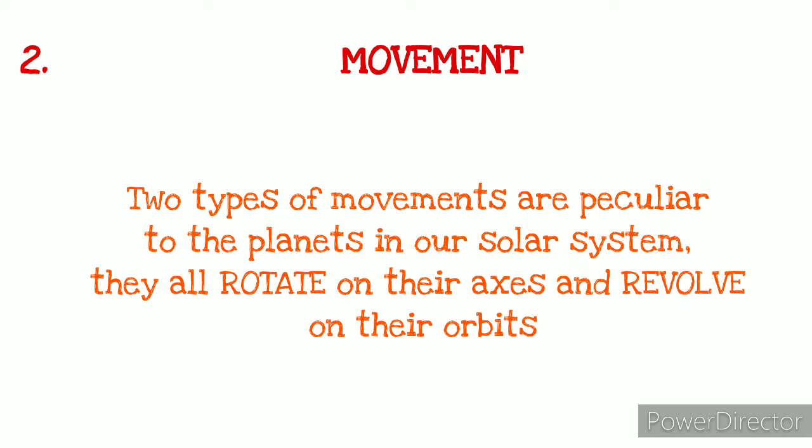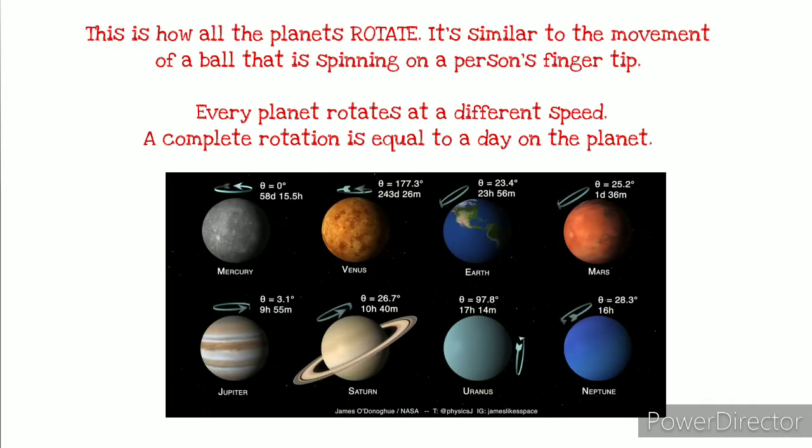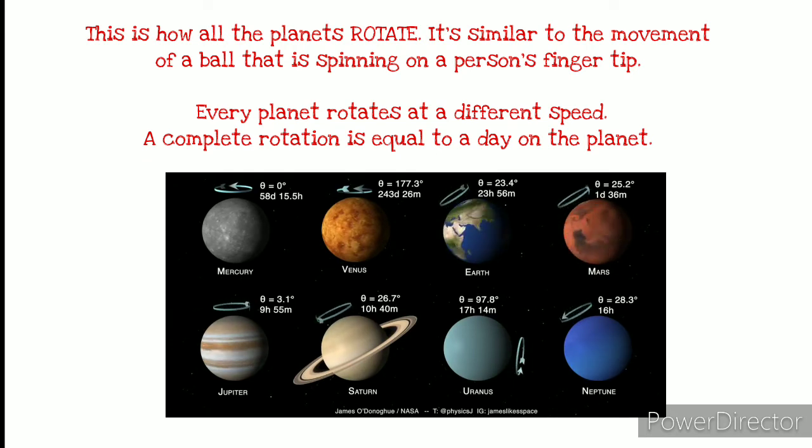We should note that there are 2 types of movements peculiar to all the planets in our solar system. First, they all rotate on their axis, and secondly, they all revolve on their orbits around the Sun. Now look at this image carefully. You will see that the planets are moving. This is how the planets rotate on their axis.